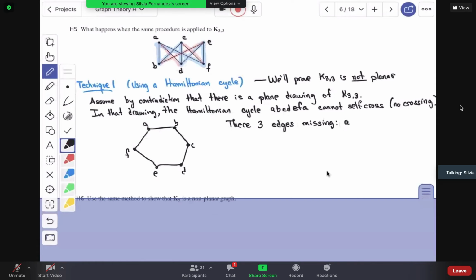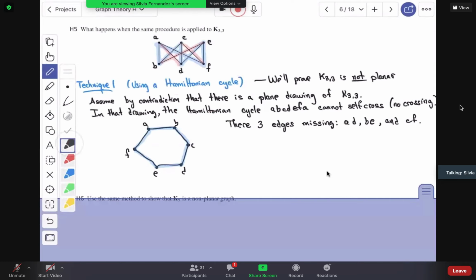AD, BE, and CF. So those are the red ones right there. That's my Hamiltonian cycle.